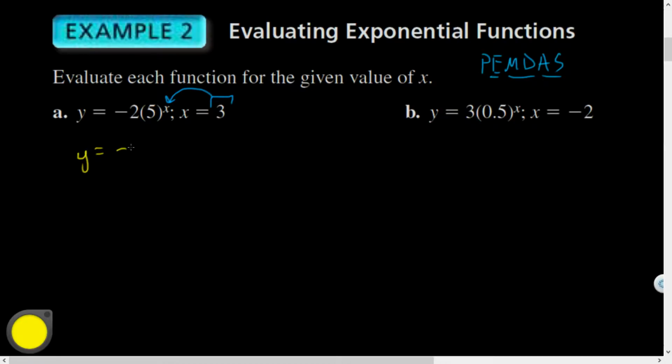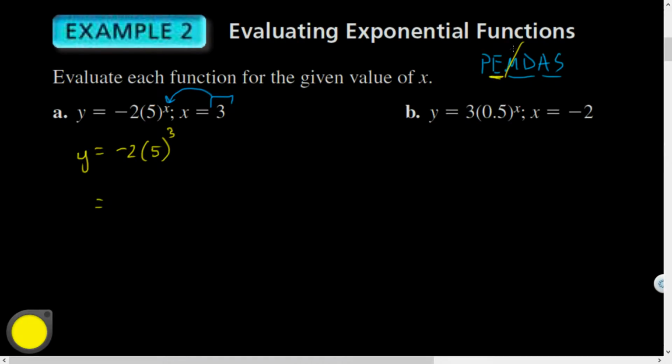So y equals negative 2 times 5 to the 3rd power. Okay, let's figure out what this is. Negative 2 times 5 to the 3rd. I do not do the multiplication first, because PEMDAS says exponents first. My bad.